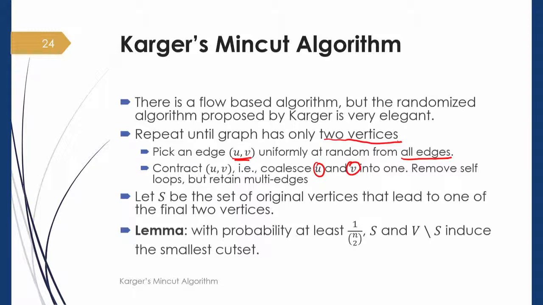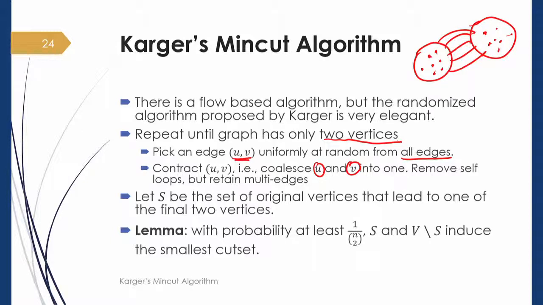Each super node was formed by smaller super nodes or smaller original nodes. We keep track of all of that, and finally, we will be left with two super nodes after n minus 2 contractions, with possibly several multi edges going across between them. But each of these super nodes actually is made up of several original nodes.